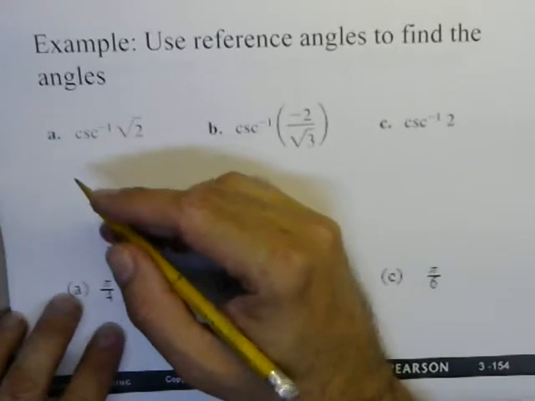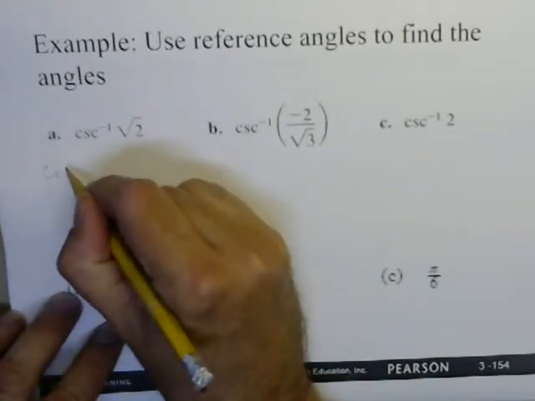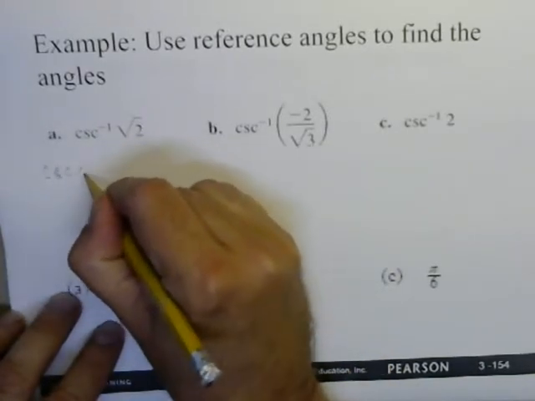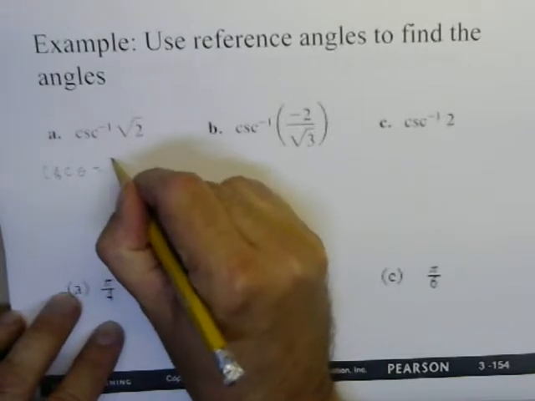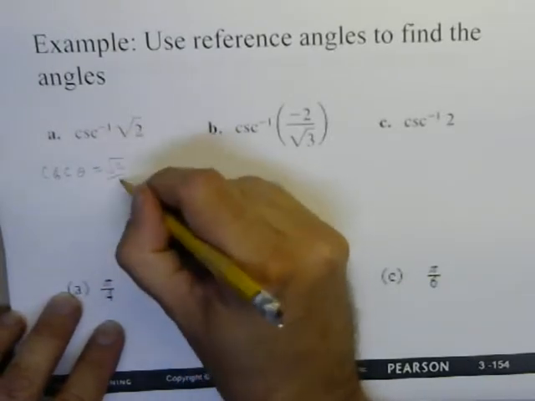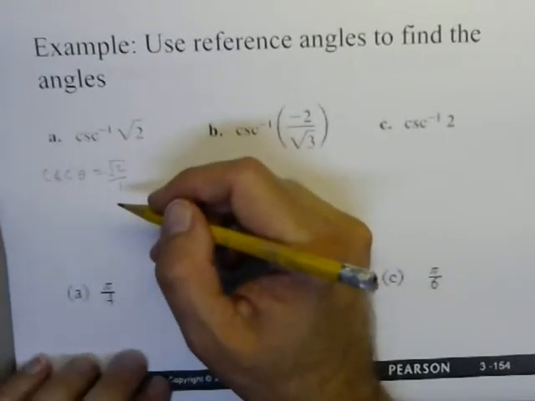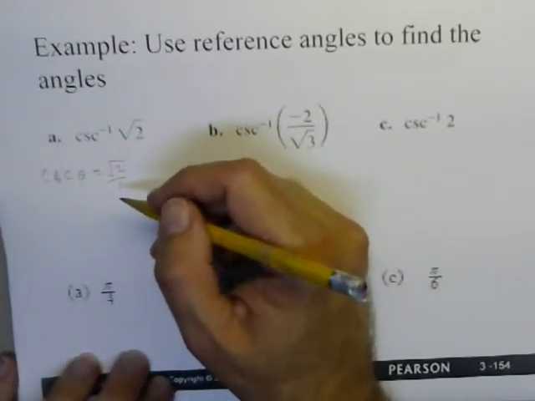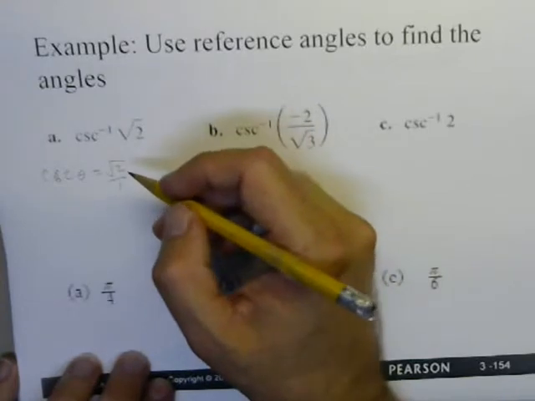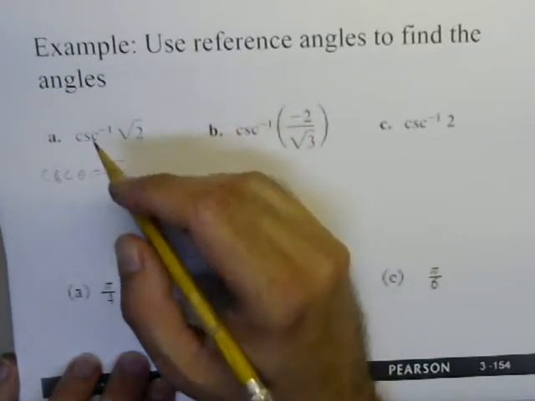One way of saying that is cosecant of the angle is equal to the square root of 2. So you could think about, well, what angle would give you square root of 2 in that case?